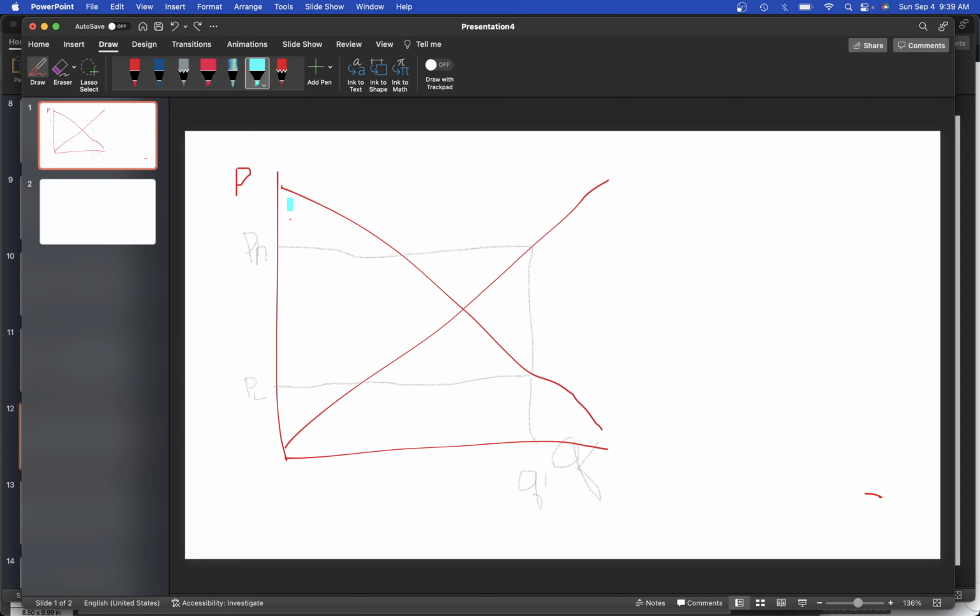We have to draw. And we're shading this area here. And this area here is consumer surplus.